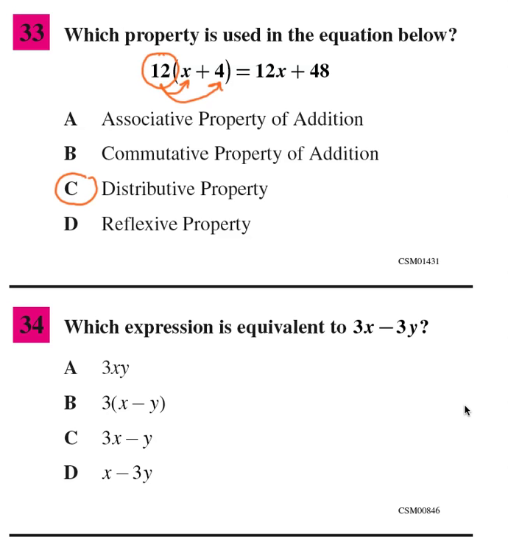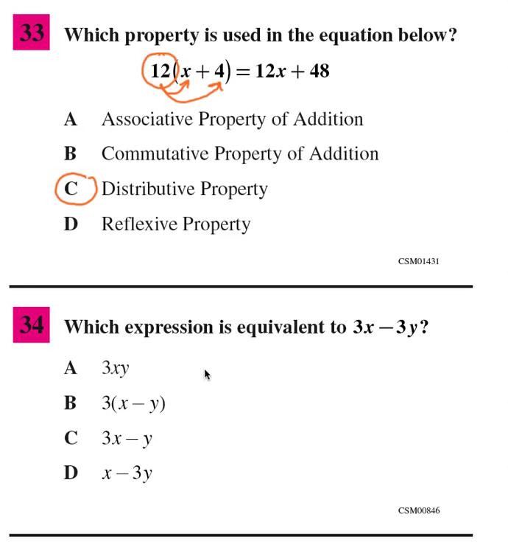Problem 34. Which expression is equivalent to 3x minus 3y? In this expression we see that both numbers are being multiplied by 3, meaning the x and the y have a coefficient of 3.